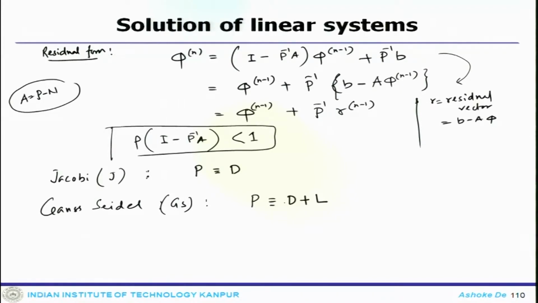So, that is the equivalence one can see. That means when you define a preconditioned system, it can also be used for the Jacobi method and other methods. Here D is the diagonal matrix, L is the lower triangular part of the matrix.